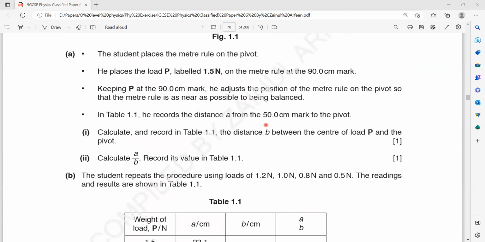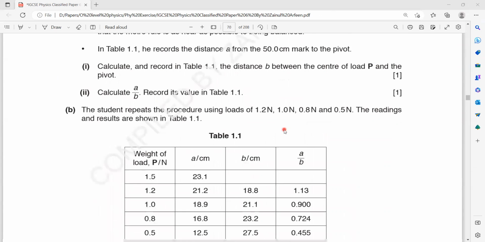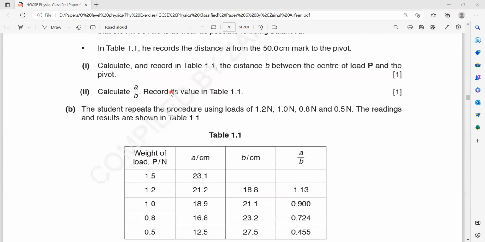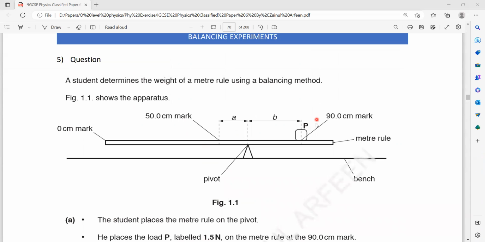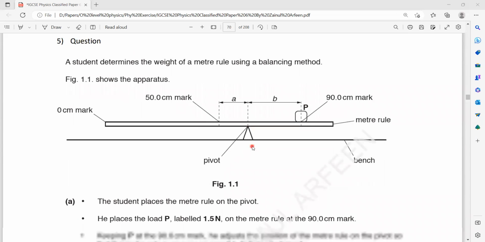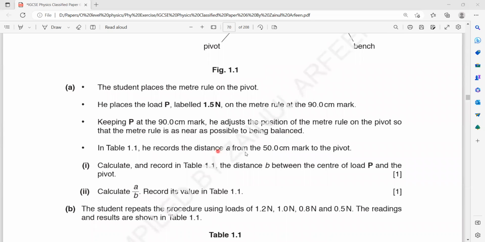And in a table, record the distance A from the center 50 centimeter mark, and then calculate and record in the table the distance B between the center of a load P and the pivot. So he recorded that A is 50, the pivot is there.